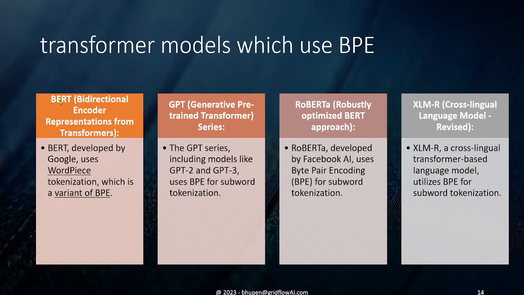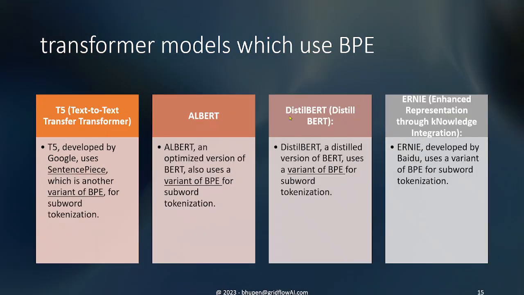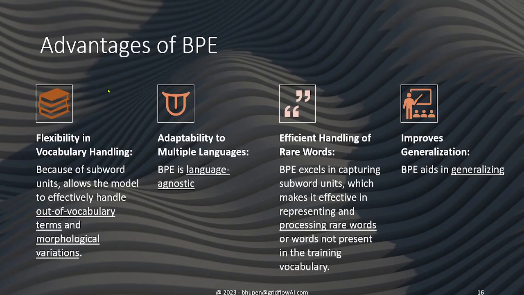For example, BERT, GPT, RoBERTa, and the cross-lingual language model also use byte pair encoding. T5, ALBERT, DistilBERT, and ERNIE are also using byte pair encoding with some variation here and there. So what's the advantage of BPE?